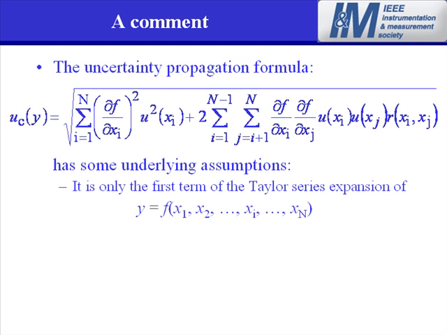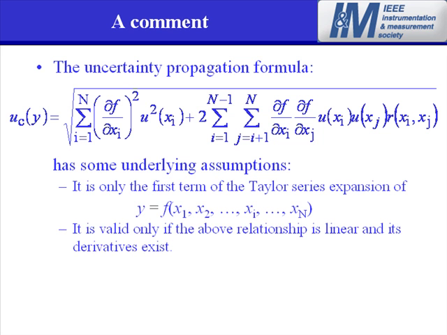It comes from the Taylor series expansion of the relationship linking each measured quantity to the final measurement results. And this series expansion is truncated to the first term.